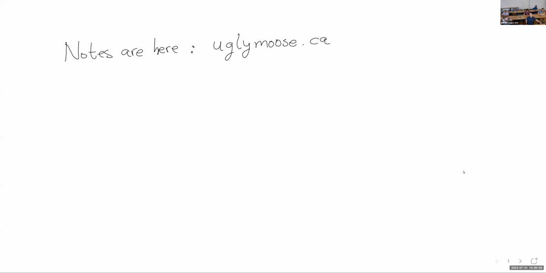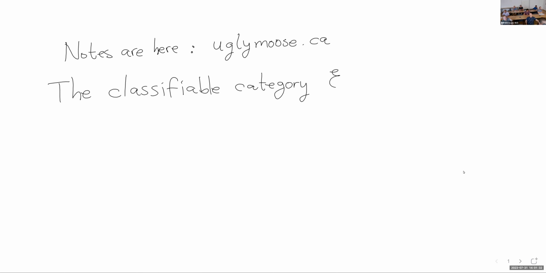So before I even get to the plan or the overview for this mini course, I want to say straight away what I mean by classification and give you some examples of C*-algebras to bear in mind that are applicable to this classification program. So let me introduce what I will call a classifiable category. I'll denote it by E, for Elliott.